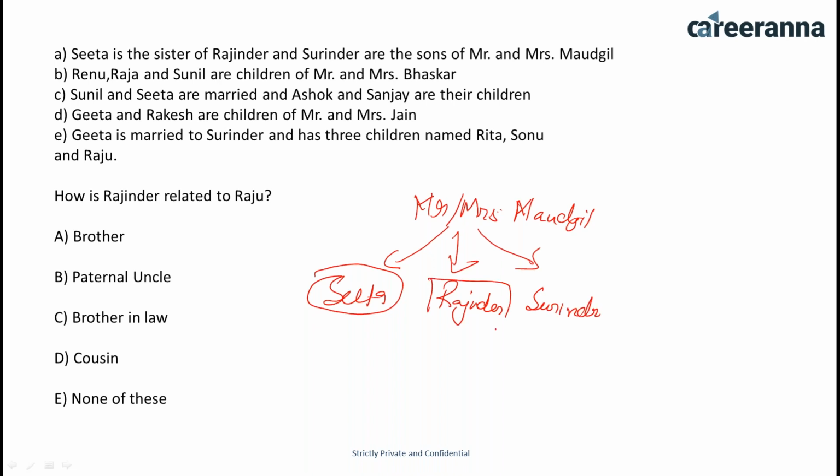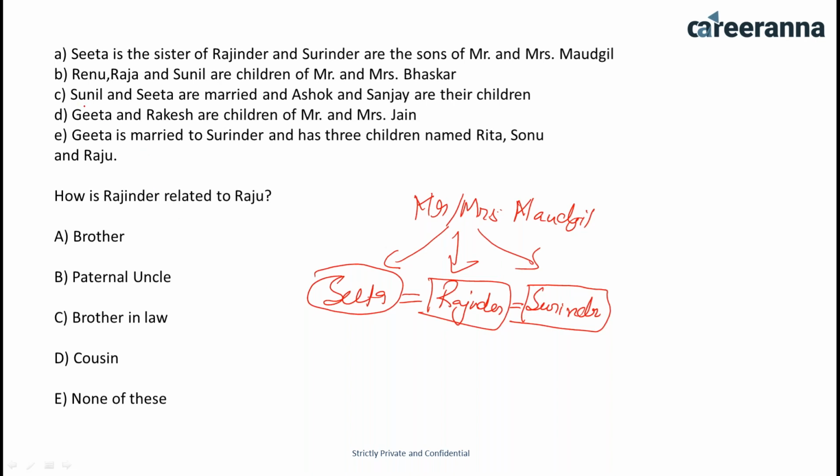They are the sons, so they are going to be male, and they are related as brothers and sisters. Now you have to find the clue that uses Sita, Rajendra, Surendra or Mudgal. Only then can you solve this question.